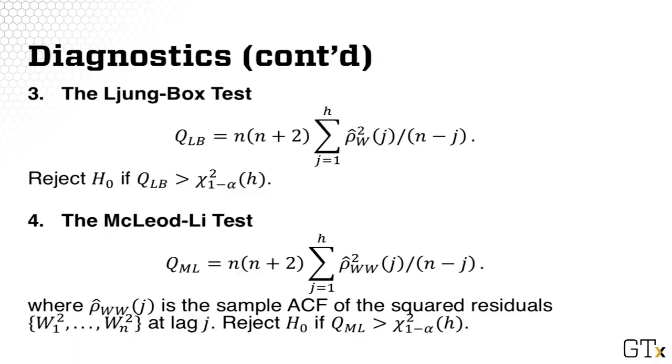Also, the Ljung-Box test is a slight variation of the portmanteau test, while the Li-McLeod test is based on the sample autocorrelation of the squared residuals.